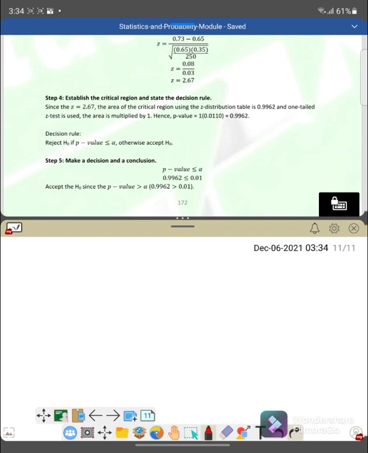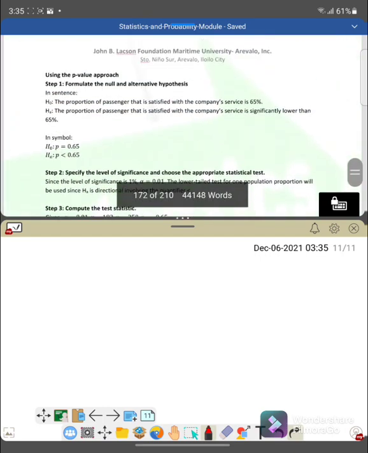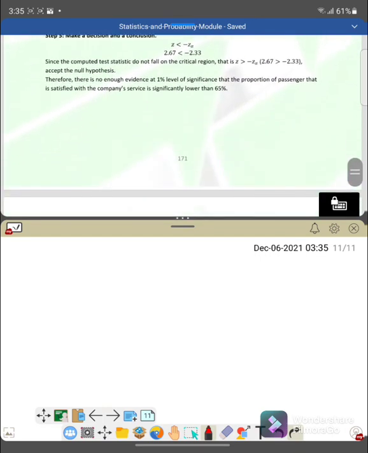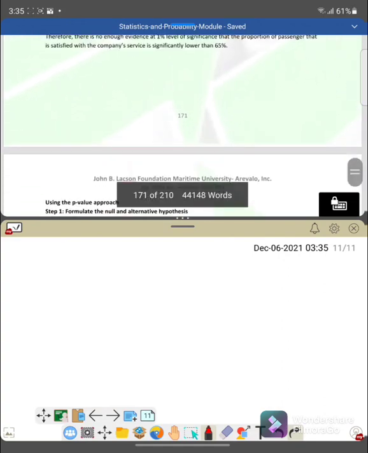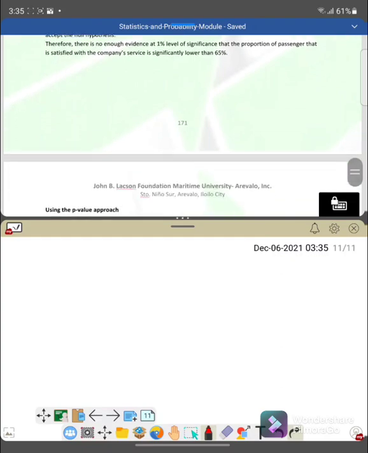Thus, we will accept the null hypothesis since the p value is not less than alpha. In order for our value to be in the rejection region, it should be less than 0.01, and 0.9962 is not less than 0.01. So therefore, we accept the null hypothesis, which indicates, as we had earlier, that there is not enough evidence at the 1% level of significance that the proportion of passengers that is satisfied with the company's service is significantly lower than 65%.